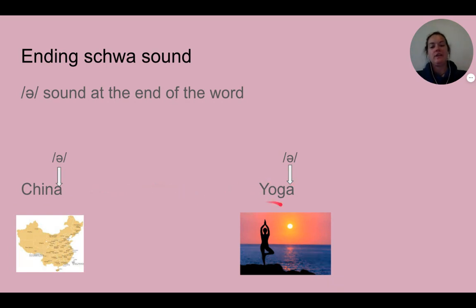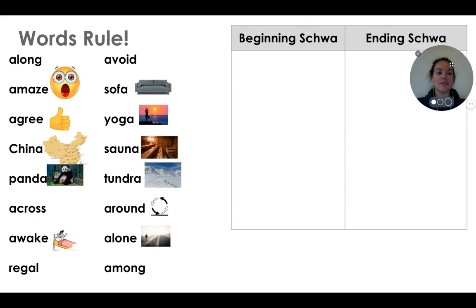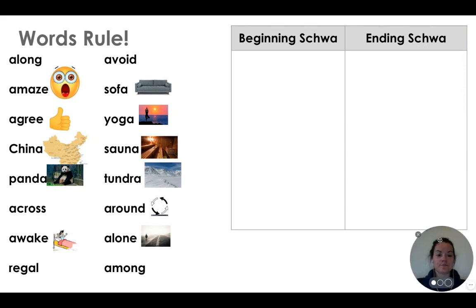And here we have yoga. Good. Here A has the schwa sound, chime and yoga. All right, so here we go. Here are some examples of beginning and ending schwa sounds. I'll move myself a little bit.